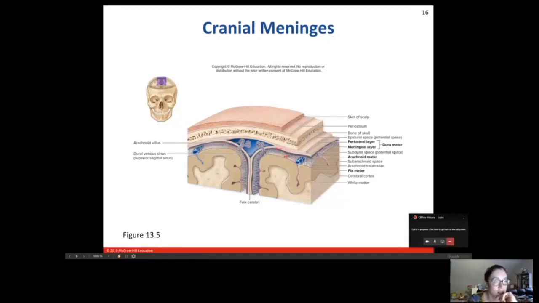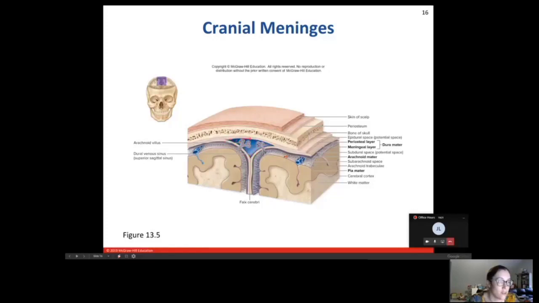In some areas, these two layers of the dura mater lie right next to each other, like right here, and they're connected. But in others, like where there's this horizontal fissure here, the meningeal layer of the dura mater is going to be moving downward, whereas the periosteal layer of the dura mater is going to be staying connected here. And where these two areas diverge, there's this dural venous sinus.